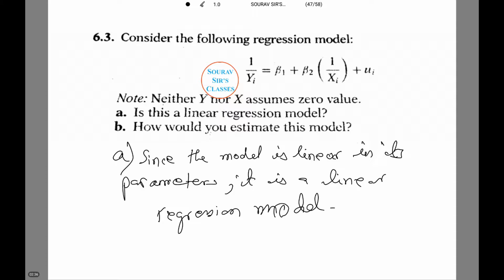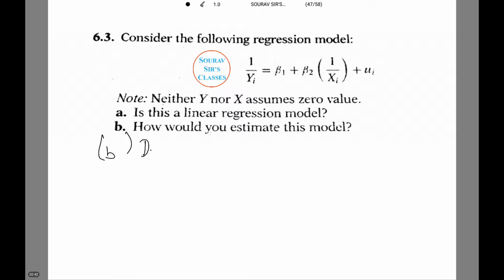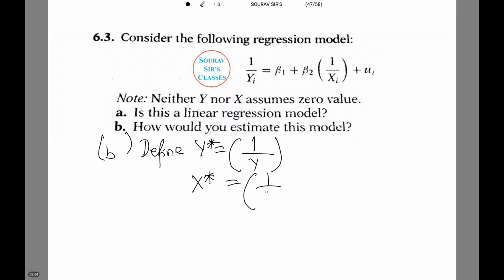Now in the next case we have to estimate this model. For this, first we define capital Y star equals to 1 by capital Y and X star equals to 1 by X. And now we do an OLS regression of Y star on X star.